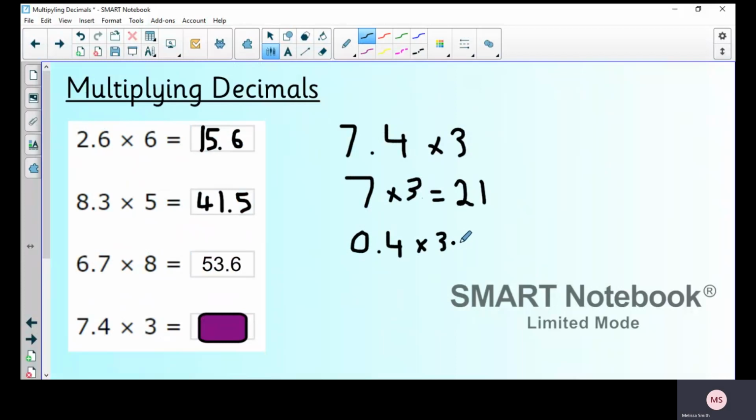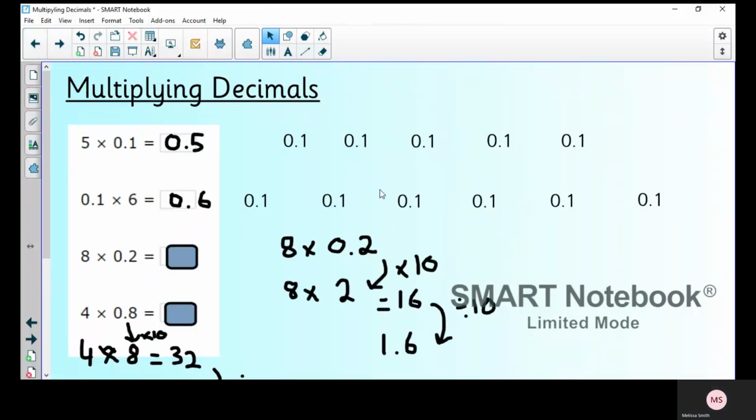What's that? 1.2. Now what do I have to do with these two answers? I have to add them together, and the answer is 22.2.